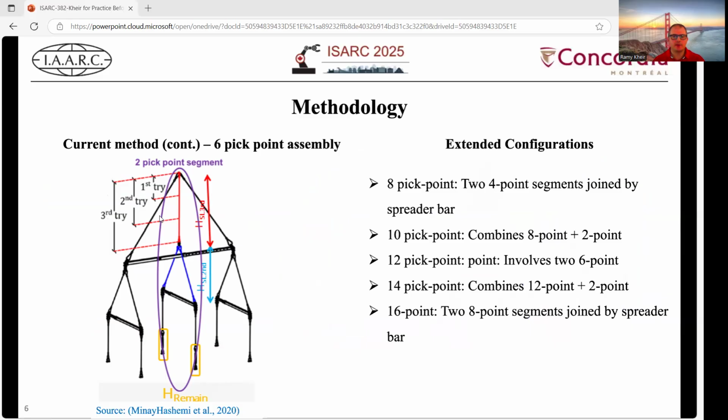The analysis of the 4 peak point segment was done exactly as before, while there was no analysis done for the 2 peak point segment. Its design was based on the selected components in the larger 4 peak point segment on a level-to-level basis, where both segments have the same number of levels. In the following slides, we will explore the 8, 10, 12, 14, and 16 peak point systems by applying the static equilibrium method.